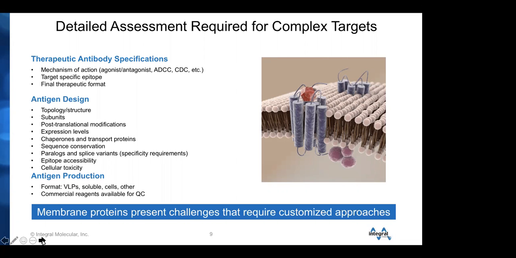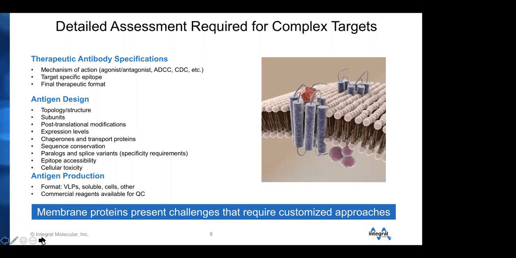Next is antigen design, keeping a number of factors in mind. Certainly the overall structure and topology of the target, expression levels, higher is better generally, paralogs and splice variants. This is important when thinking about specificity, and then also epitope accessibility, just to name a few of these. And finally, the antigen format and production of the antigen.